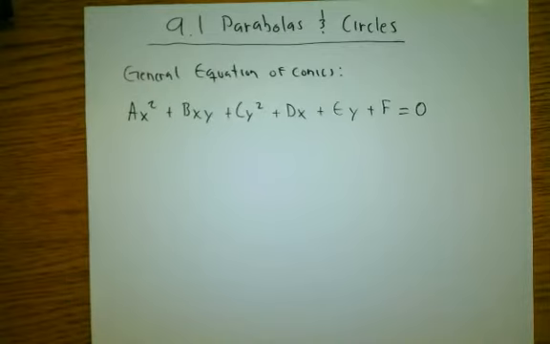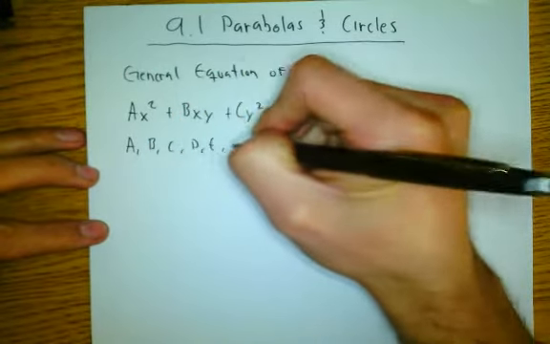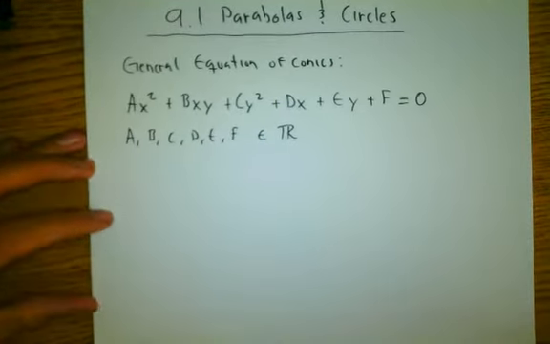So in other words, it can be a fraction, it can be an integer, it can be a decimal. It just has to be a real number. No imaginary numbers here.